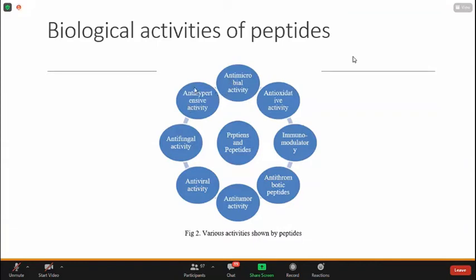Why are we interested in anti-hypertensive? Because we have a lot of problems with hypertension. We are always under stress, and even more so under the pandemic. So we have been working a lot on this anti-hypertensive activity, and antimicrobial activity, not only for humans but also applicable to food systems. Say, for example, we want to preserve food. Instead of using synthetic chemicals, we can replace them with this peptide.